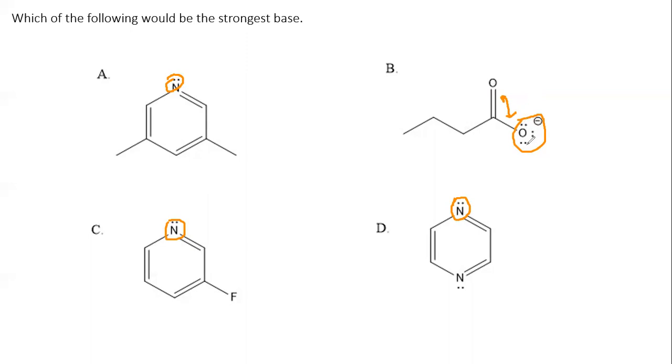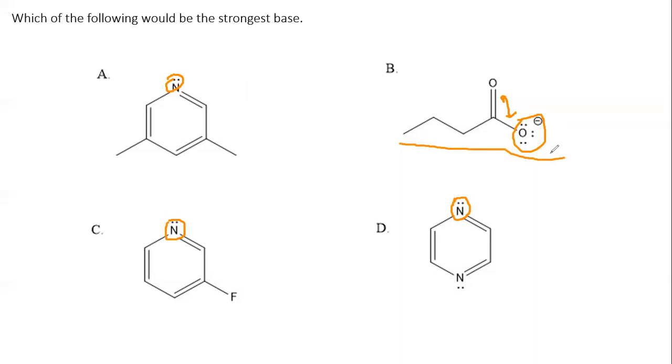So even though this is an oxygen, and oxygen is more electronegative than nitrogen, and we'll get to electronegativity in a second, since there's resonance, that's going to cause this negative charge to be spread out over 2 oxygens. So it's not going to have the full potential of just 1 oxygen atom having negative charge. It gets spread out between the 2. So B would be the weakest base here because, again, it has oxygen.